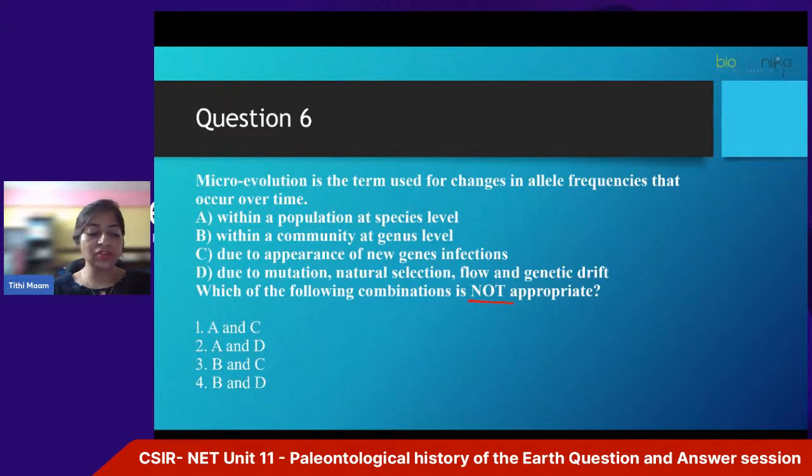Yes, that's right, Sunshine and Astha. You have to choose those statements which are not explaining microevolution properly, meaning those statements which are incorrect about microevolution.